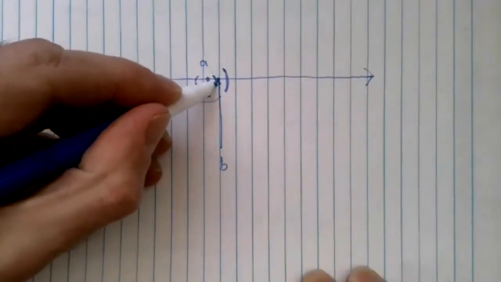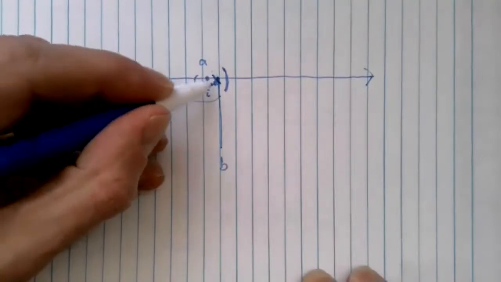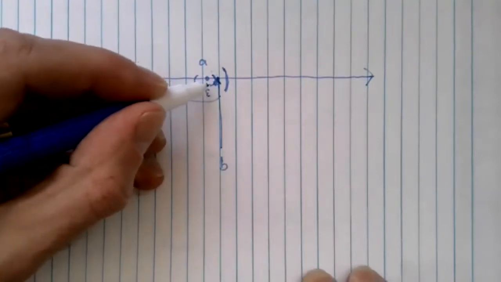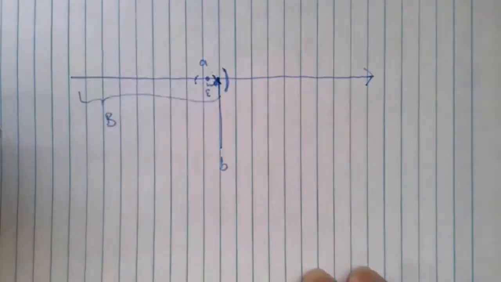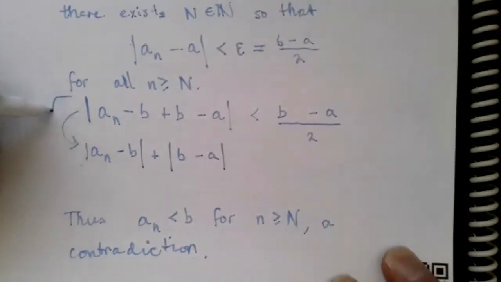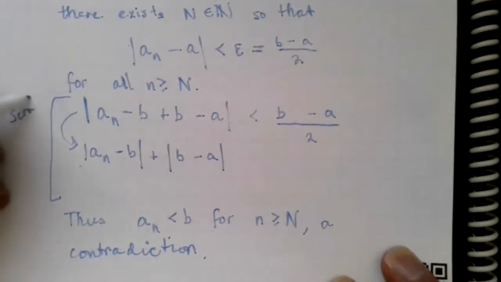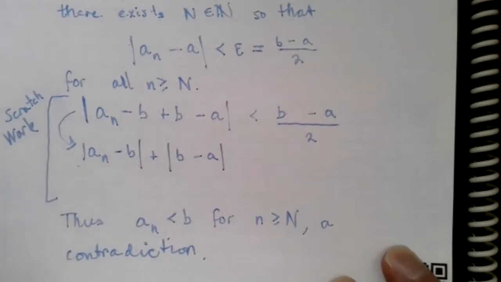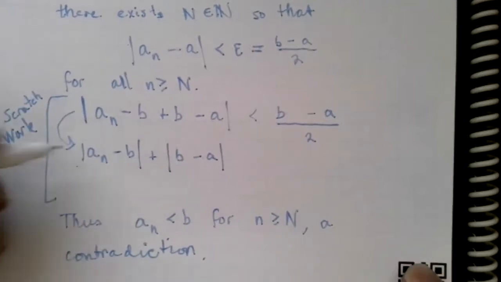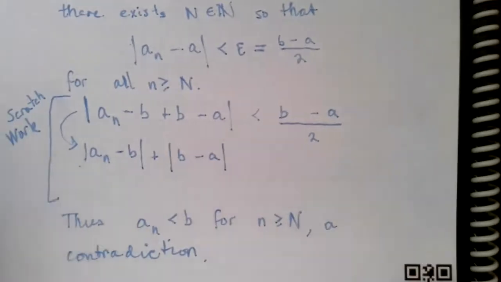And the way we chose this epsilon was that B exceeded A plus epsilon. So maybe that's something we could work in here. This is kind of becoming scratch work, but that's okay. We can add the appropriate parts to our full write-up.